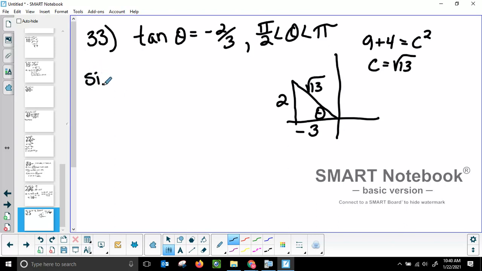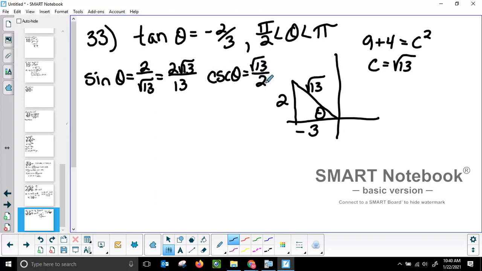So now we can say, all right, well, sine of theta is opposite over hypotenuse, which is going to be 2 square roots of 13 over 13, which means that cosecant is going to be square root of 13 over 2.